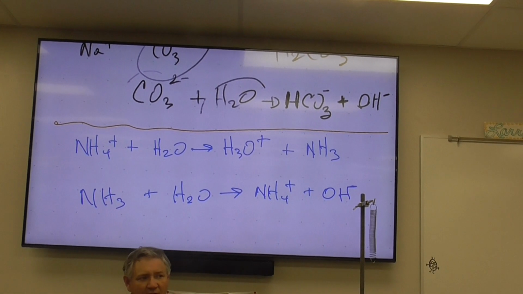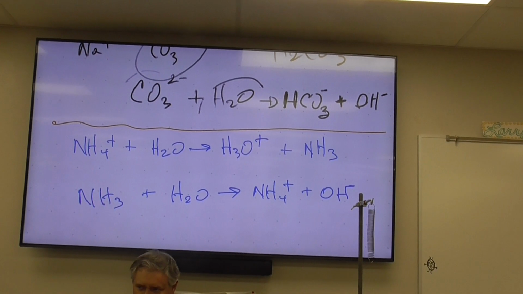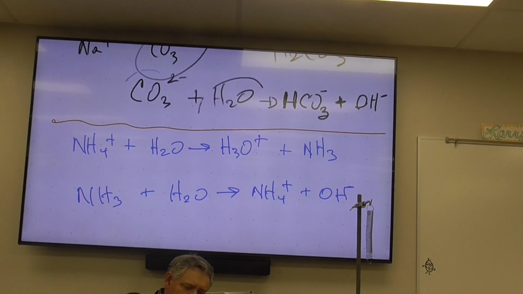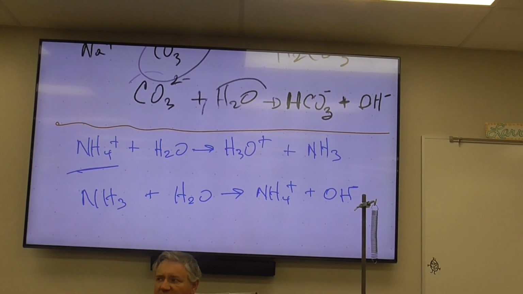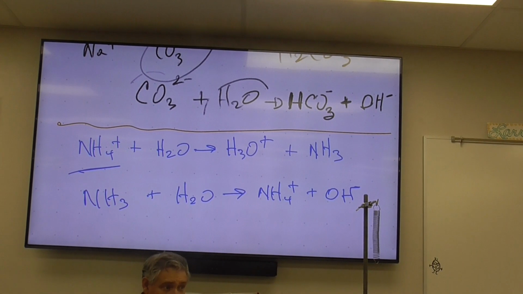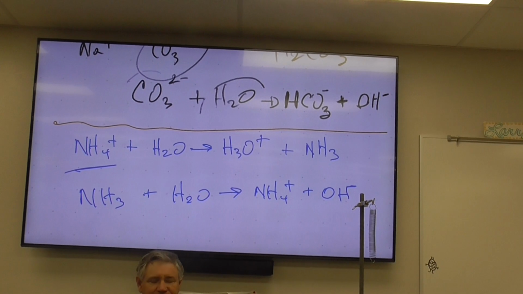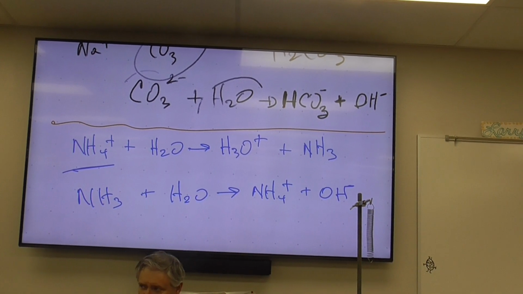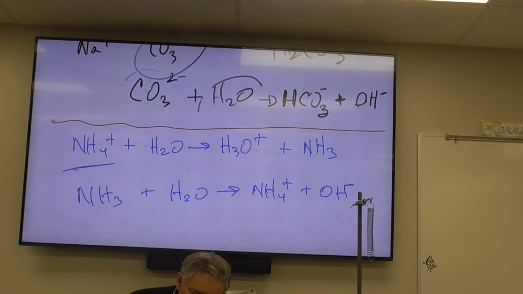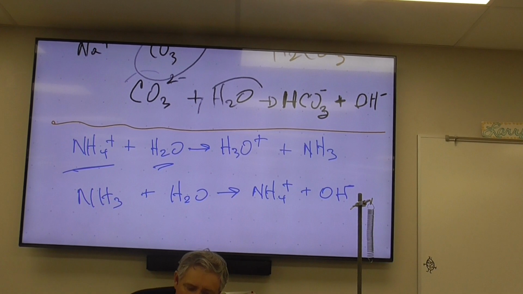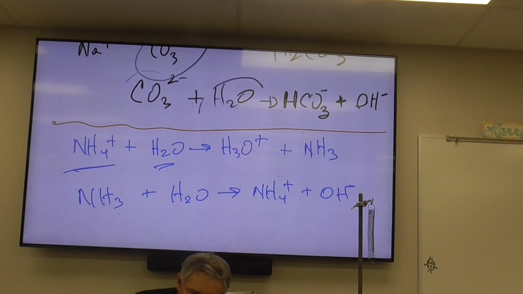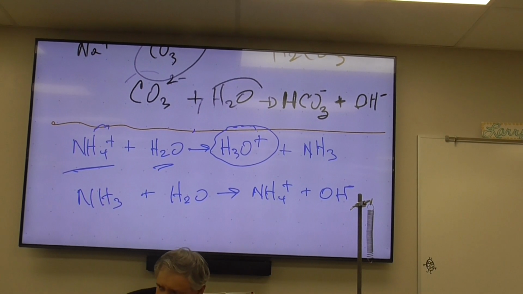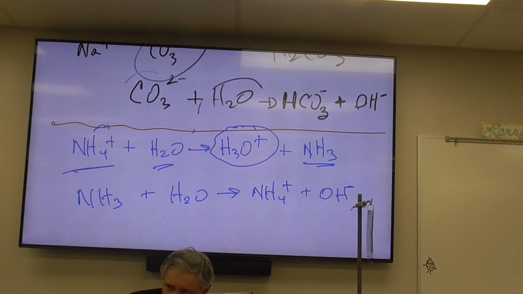So here, this involves ammonia and ammonium. So this would be ammonium, like maybe a solution, a powder of ammonium chloride. Ammonium nitrate, which is a common fertilizer. So ammonium is NH4. It has an extra proton. So in this situation, it's going to go up to the water, and the water is going to take away a proton to form H3O plus. And then you're going to be left with ammonia.